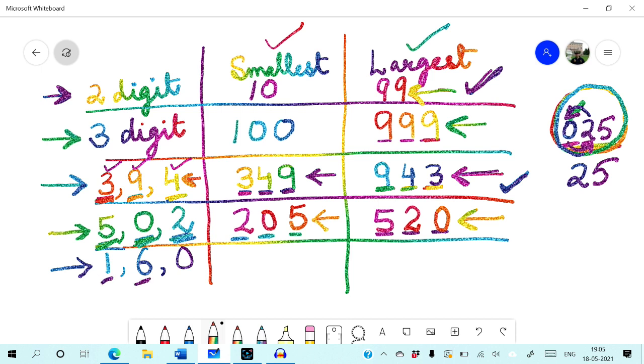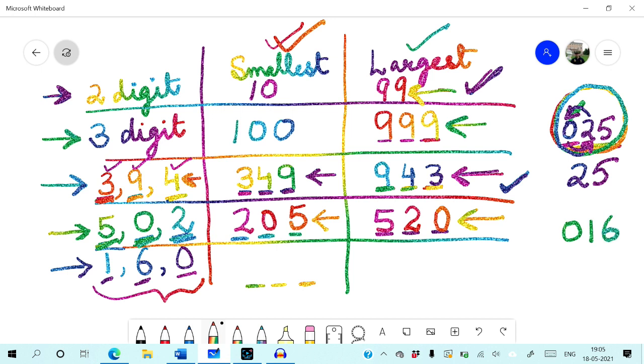Okay children, one more example is this last one. 1, 6 and 0. We have to use these three digits only once and make the smallest three-digit number. So we will have ones place, tens place, and hundreds place. Now we will write these three digits in ascending order like this: 0, 1, 6.